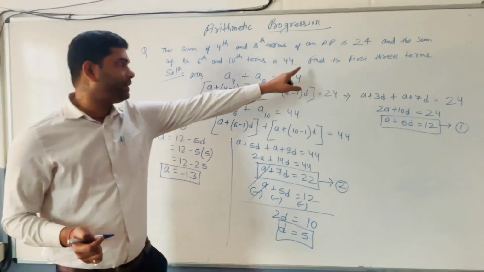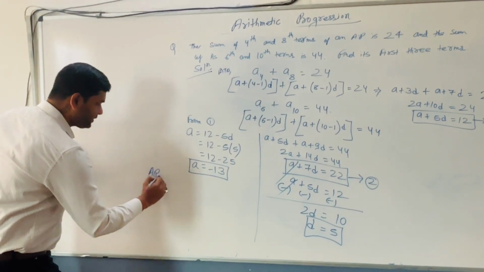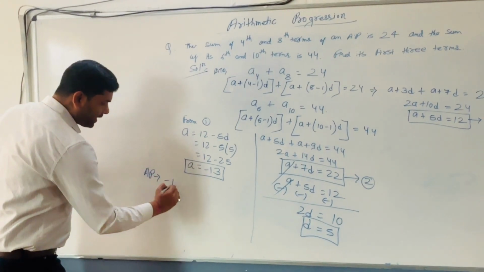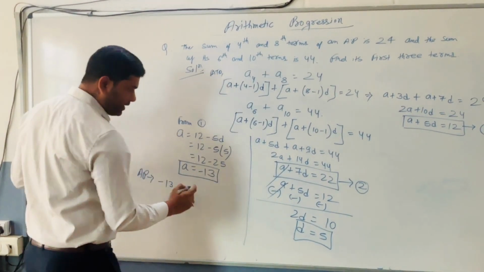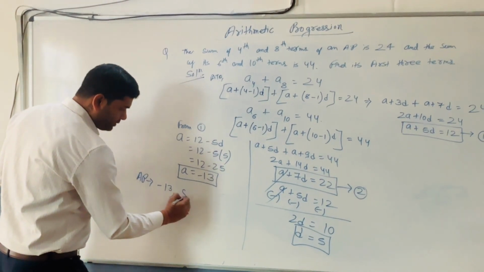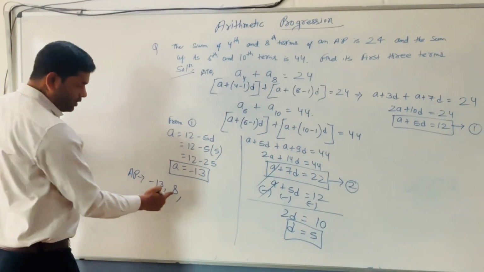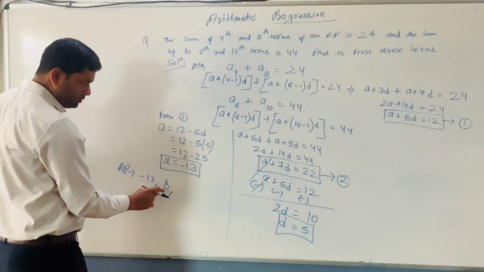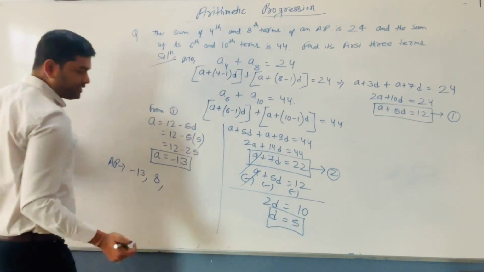And what is asked? The first 3 terms. So in the AP, the first term will be minus 13. Now minus 13 plus 5 is minus 8, because d is 5. Now again plus 5, because the common difference is 5.